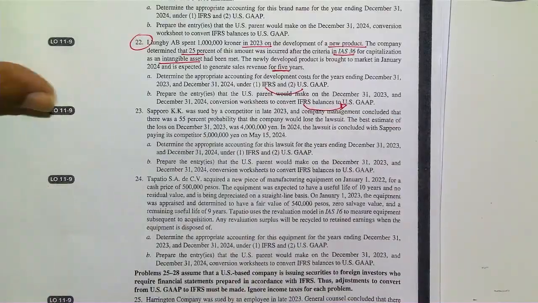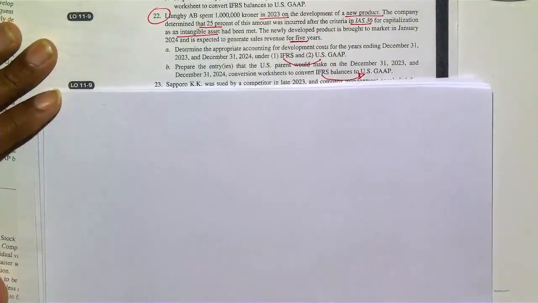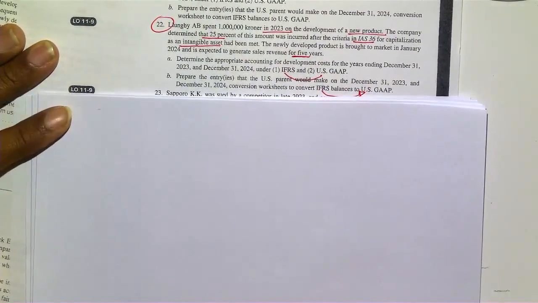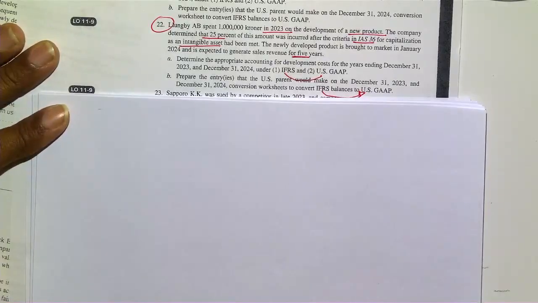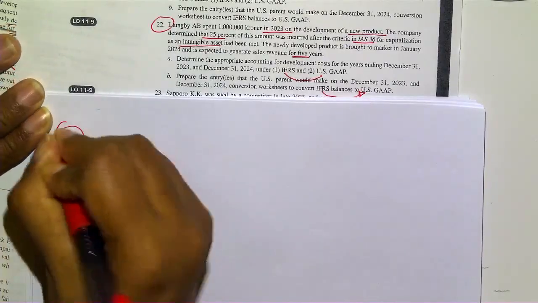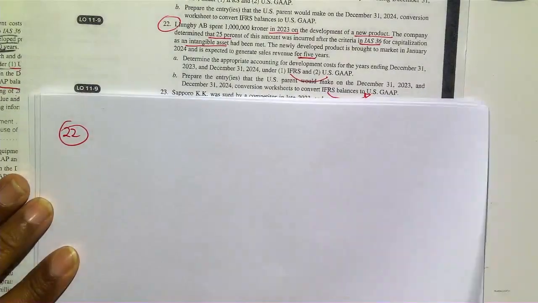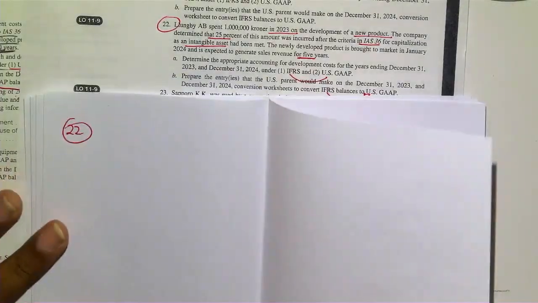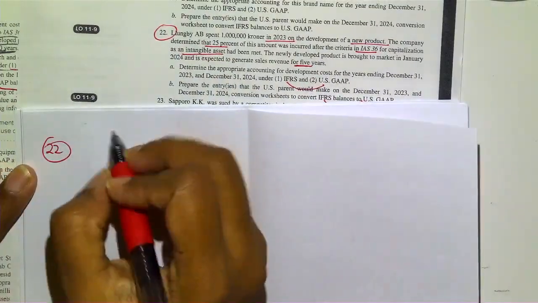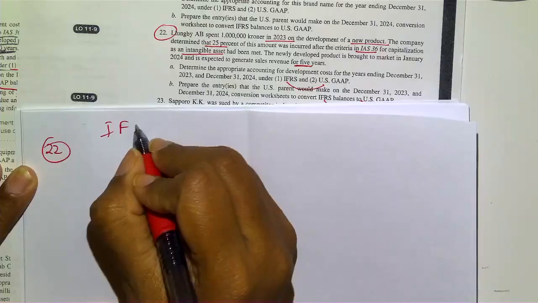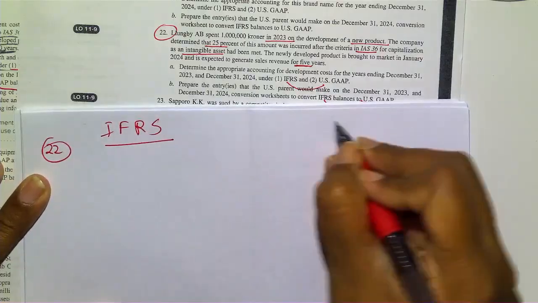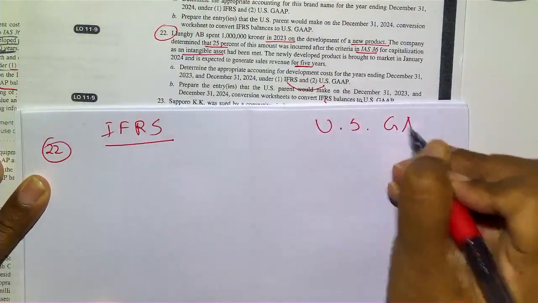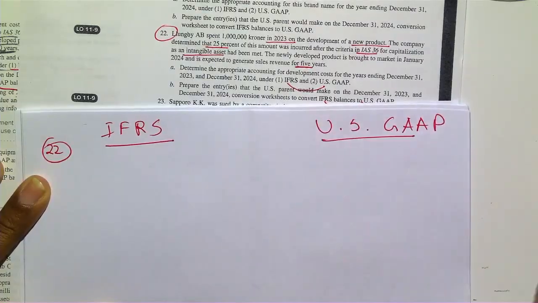So let's try to do it. First we can do IFRS. This time you guys will help me, please, so that we can finish. And next class we don't need to use any, just review. Number 22. Let's do IFRS first. Same problem, but now IFRS to GAAP, and then US GAAP.